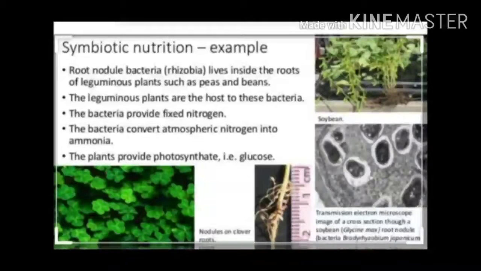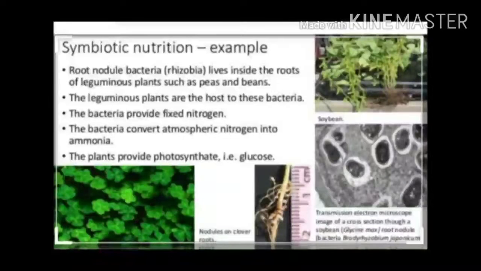So now the next nutrition is symbiotic nutrition. The two plants which live together as parts of the same plant and mutually help each other are called symbionts. Such a relationship of mutually helping each other is called symbiosis. The mode of nutrition in lichens is symbiotic. A lichen is made up of a fungus and an alga living together.